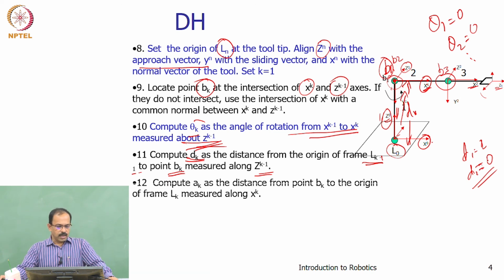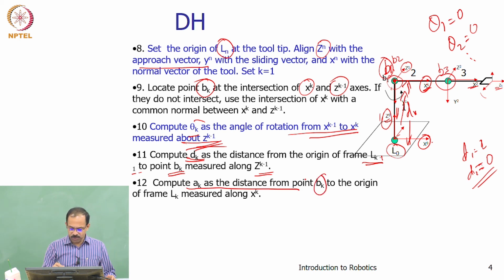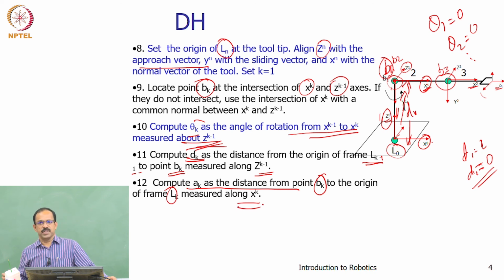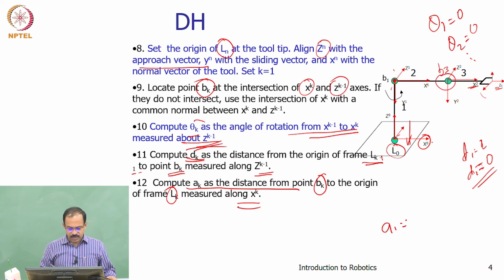And then ak is the distance from Bk to Lk, B1 to L1, B2 to L2, B3 to L3 measured along Xk. So if you want to get a1, a1 will be the distance from L1 to B1 measured along X1.